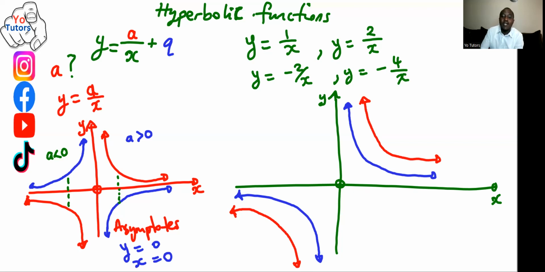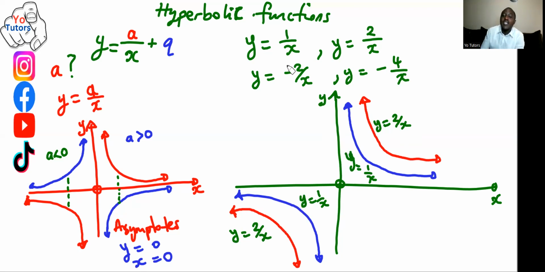Now we can label our graphs. This is y equals 1 over x. This is y equals 2 over x. You only need to label one of them, and you don't need to label both sides, okay?